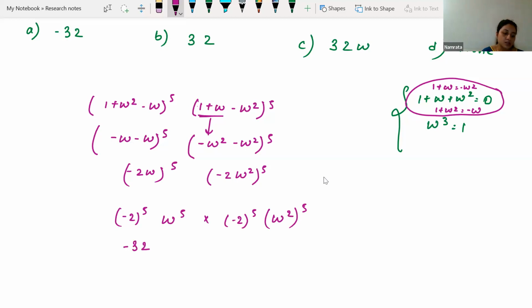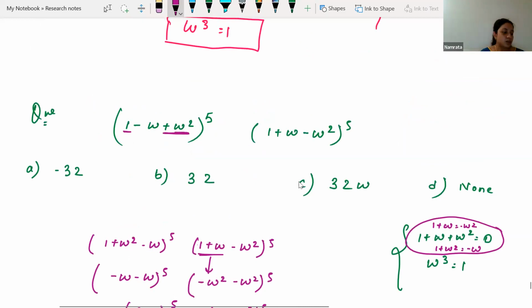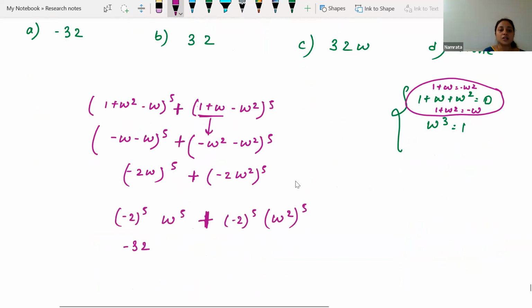Okay, here we are missing something. In the question, it was plus over here, and accordingly options are given. This is plus, not multiplication. So we got minus omega to the power 5. Now I already told you how to find this value.